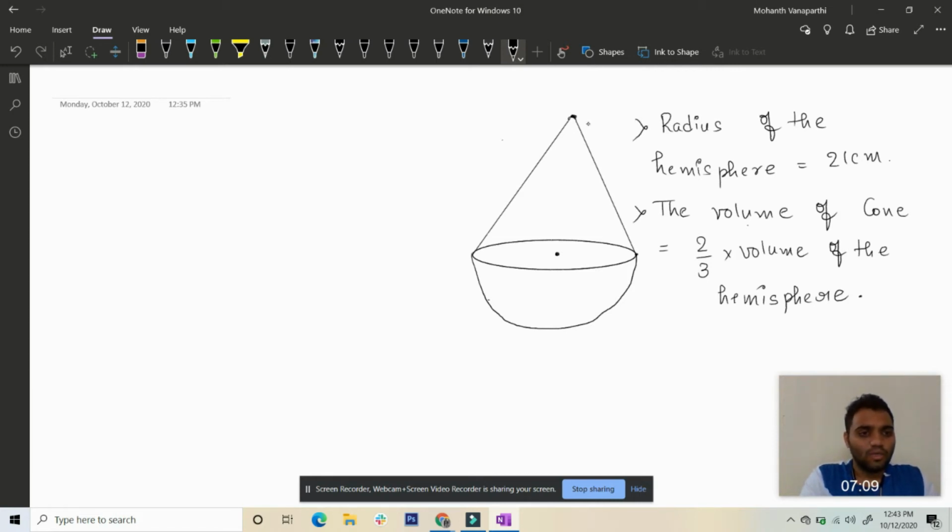These are both the given data. We need to find the height of the cone as well as the surface area of the toy.